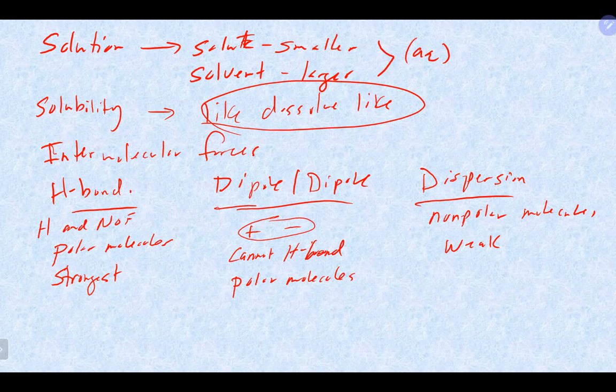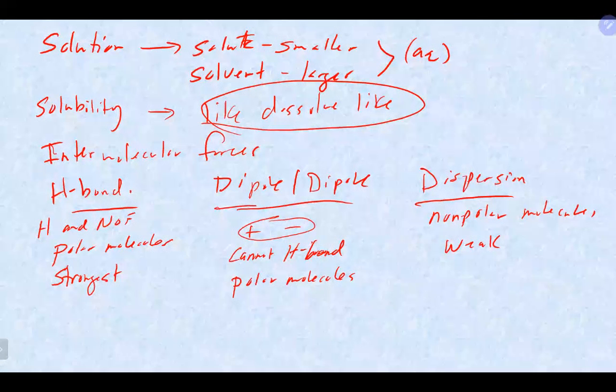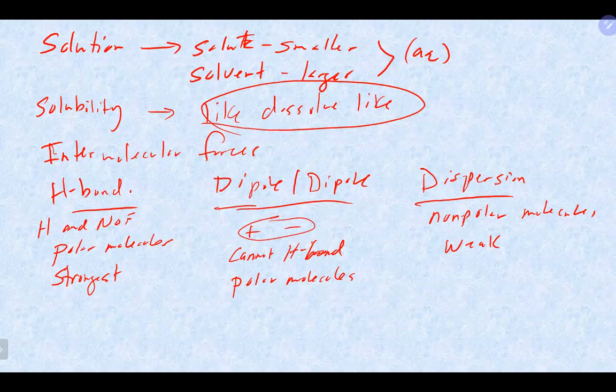If we have something that can hydrogen bond but comes across something that relies just on dispersion forces, then although, as we've talked about, in a short period of time they can interact with each other, they're not going to have a way to keep that interaction going over a long period of time, and they will separate out from each other. Again, like our oil and water example, they will very much separate out from one another.